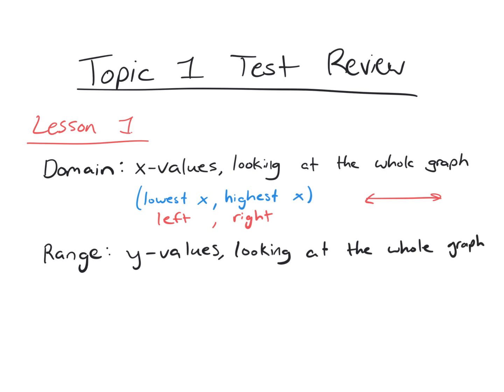Since it's y values, we're looking up and down. So we're seeing our lowest y to our highest y. Instead of left to right, we're thinking up and down. Lowest y is down, highest y is up.